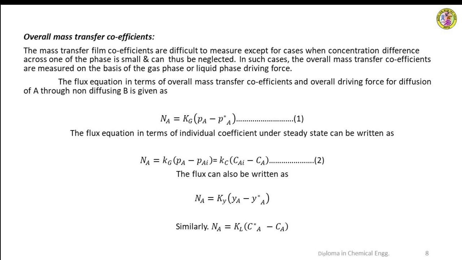In the same way, Na is equal to capital Kl into Ca star minus Ca. So Kl is the overall coefficient based on the liquid phase, and Ca star is the equilibrium concentration of A corresponding to the gas phase concentration Pa. So now, using the first two equations, let us arrive at a relationship between the overall and individual coefficients.